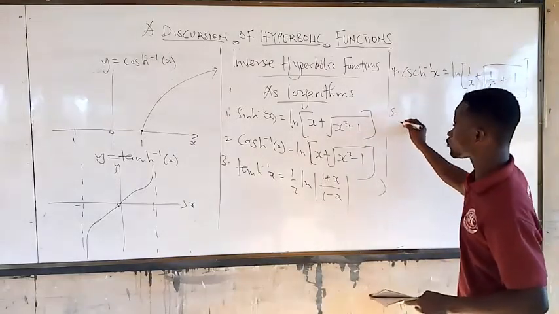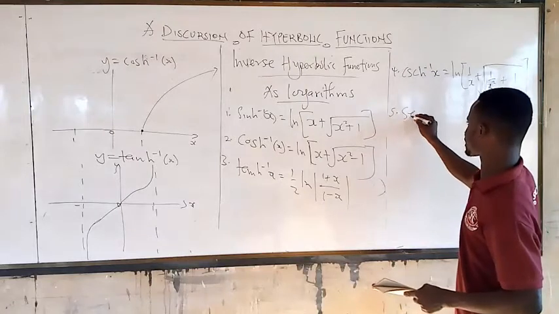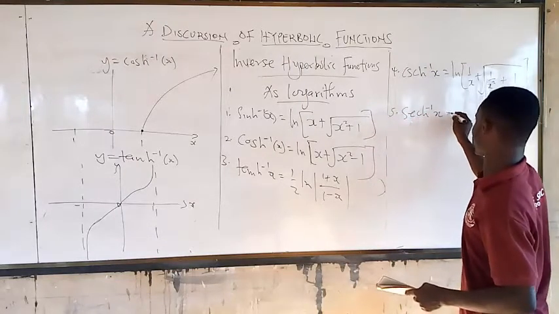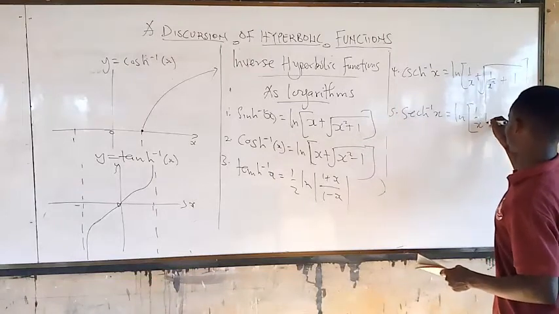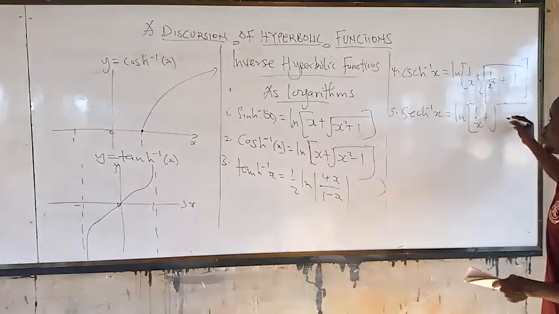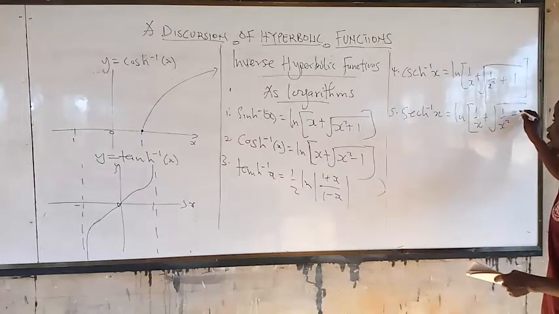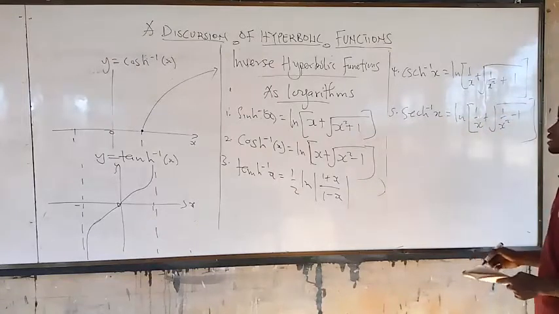And when you come to 5, what is sech inverse of s? This one will be ln of 1 over s plus square root of 1 over s squared minus 1. And that is that.